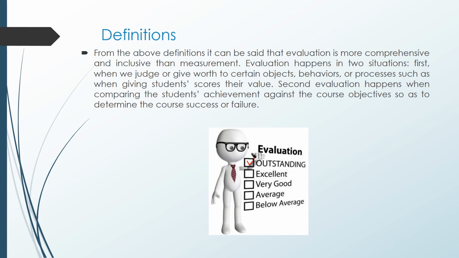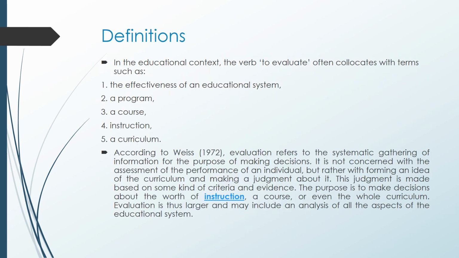Here you are going to evaluate not only your students' scores. No, you are going to evaluate the course in general, the educational process in general, your teaching method in general. Is that clear? So here you see that evaluation happens in these two situations.